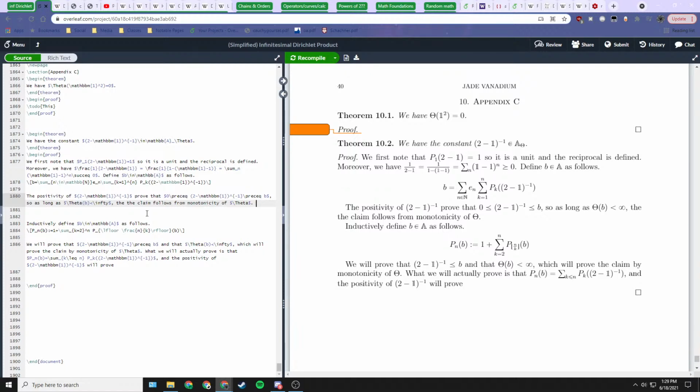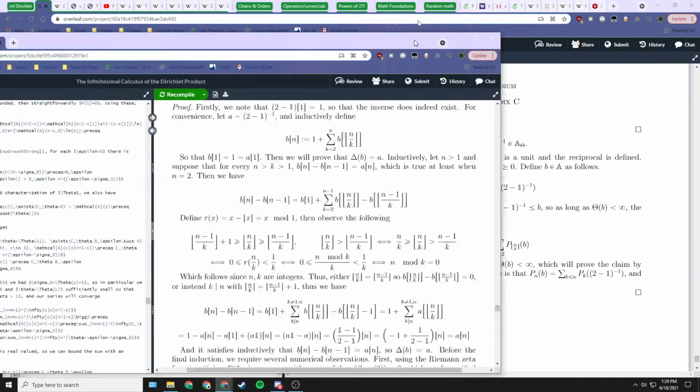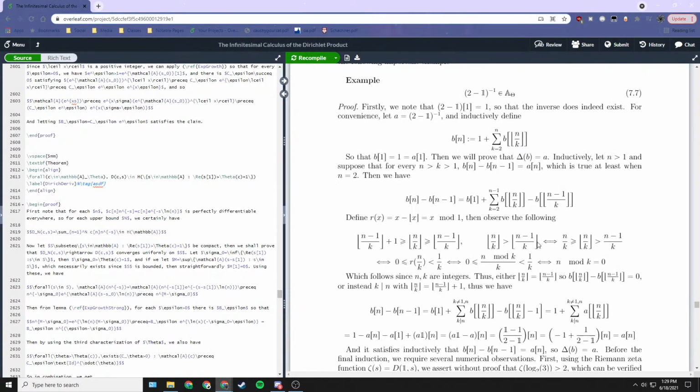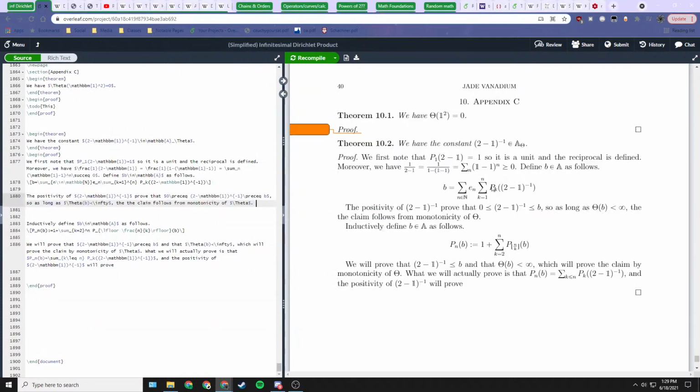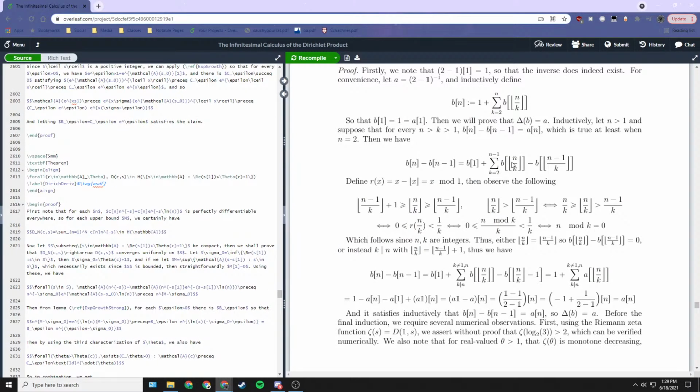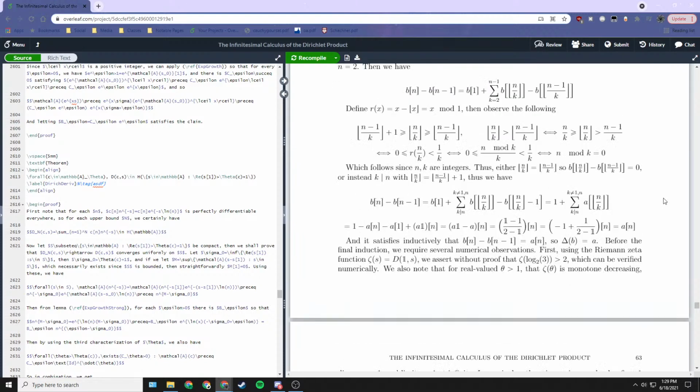I do have a proof here. I'll show you what our current proof looks like, the one I did originally. We start out by defining this b sub n using this inductive definition. Then we prove that this b sub n is the same as the b sub n we have over here. Then the proof that it's in A sub theta essentially follows by induction.